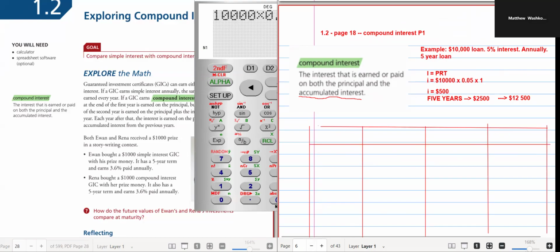So pause the video, get this down. 3, 2, 1. All right, so I'm going to put the year here. I'm going to put the amount. I'm going to put the interest for that year. And I'm going to put the amount at the end of the year.